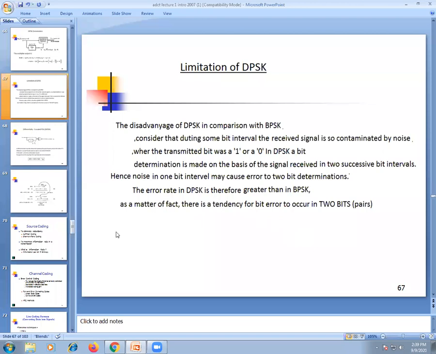One bit is given to the XOR and the other is the one-bit delayed version. So the output depends on two successive bits. If one of the bits is affected by noise in the channel, how many bits are affected? Two bits are affected, because two successive bits are the reason for the output.